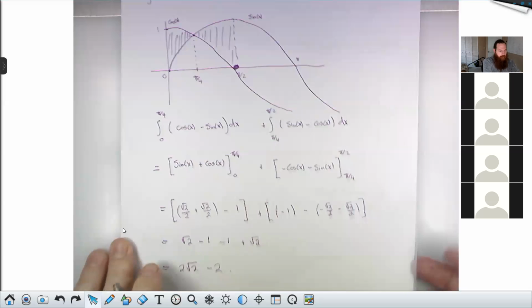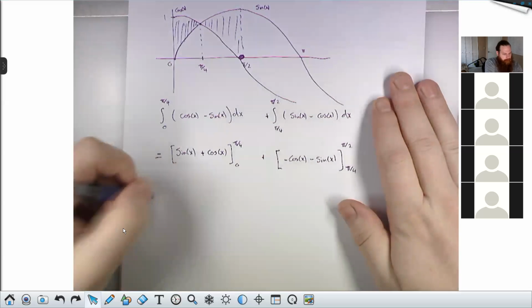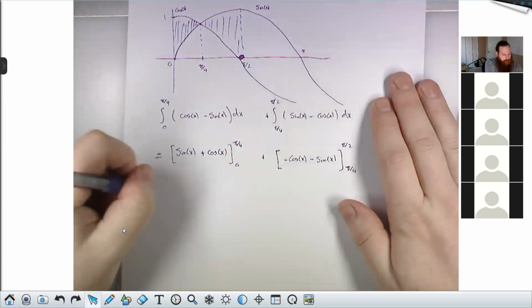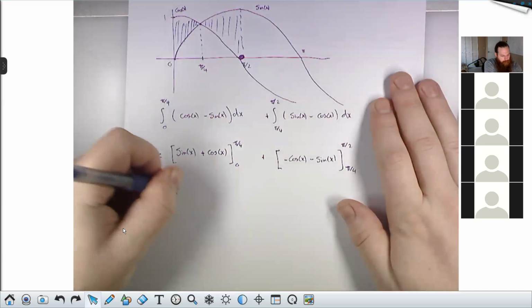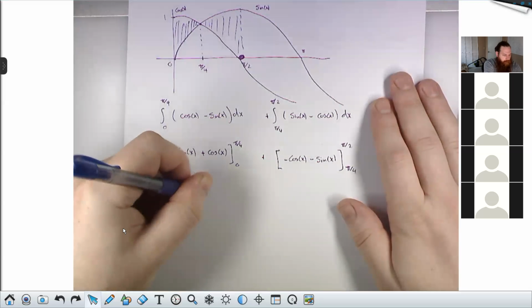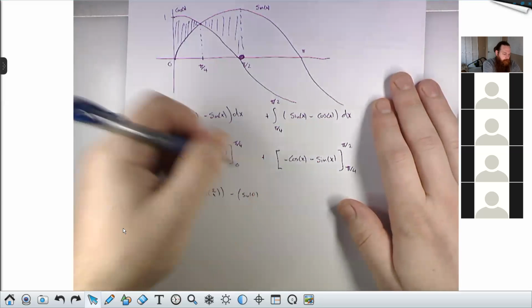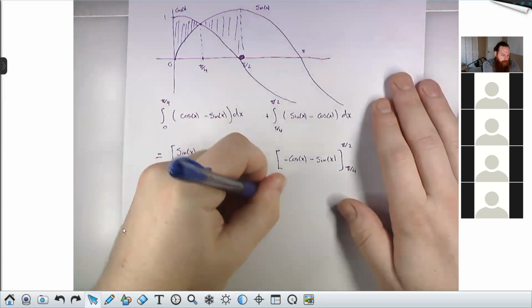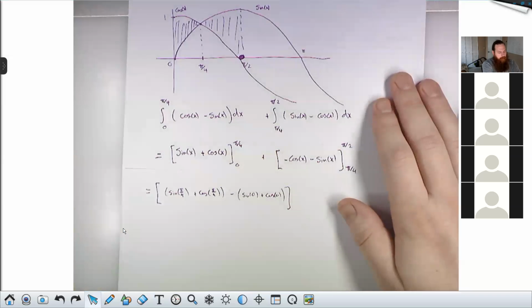I guess if we want to see the intermediate step there in the evaluation, I can show that. So this is going to be sine pi over 4 plus cos pi over 4 minus sine 0 plus cos 0. That was this first block.